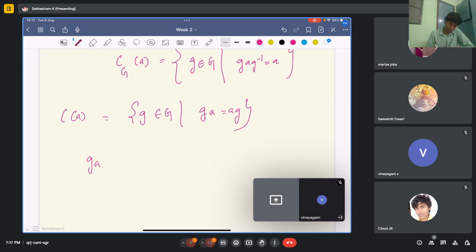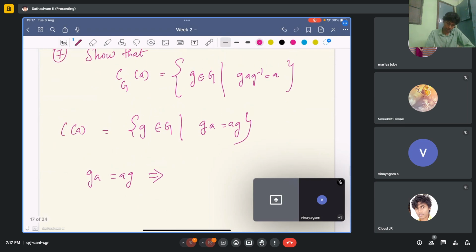But that is obvious, right? Because ga equals ag, this implies what? Multiply on the right, post-multiply this element by g inverse. Okay, so do this. Then what happens is this cancels out. That is what we have.